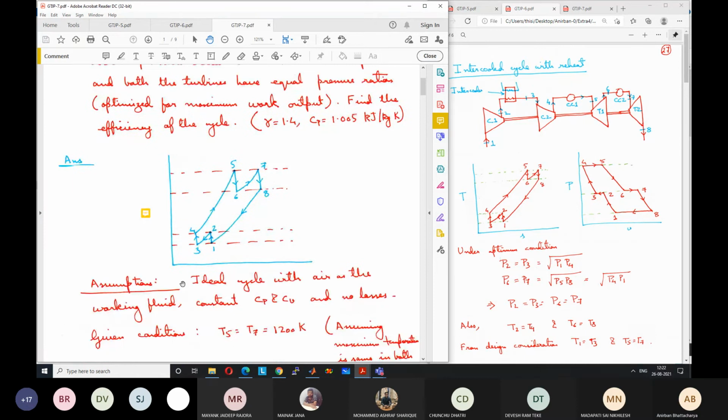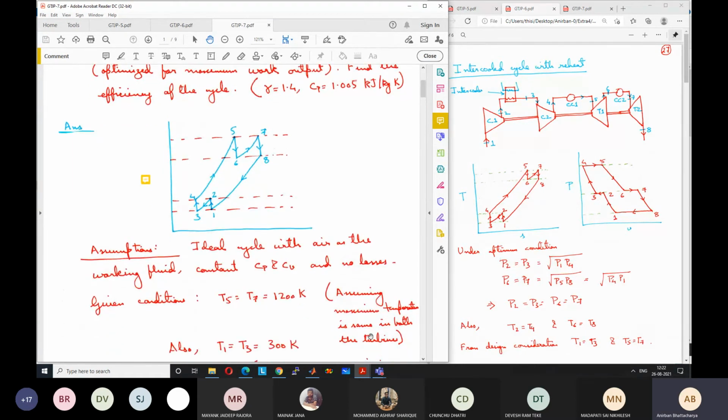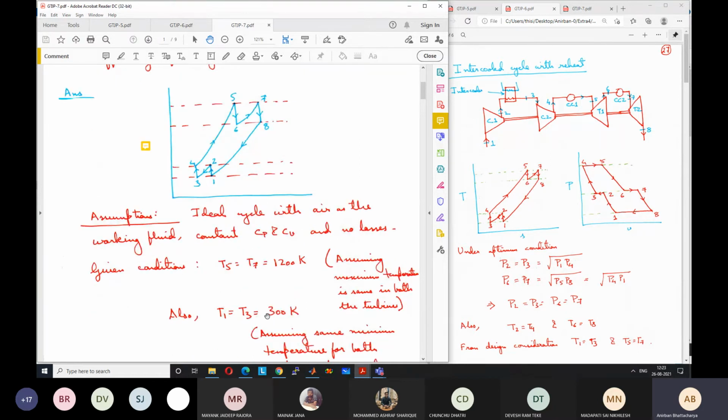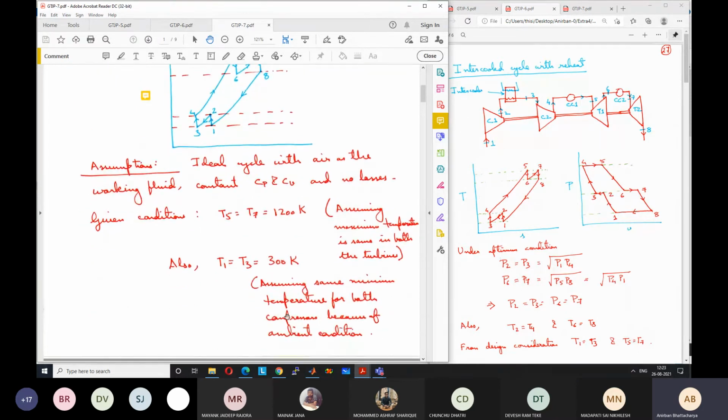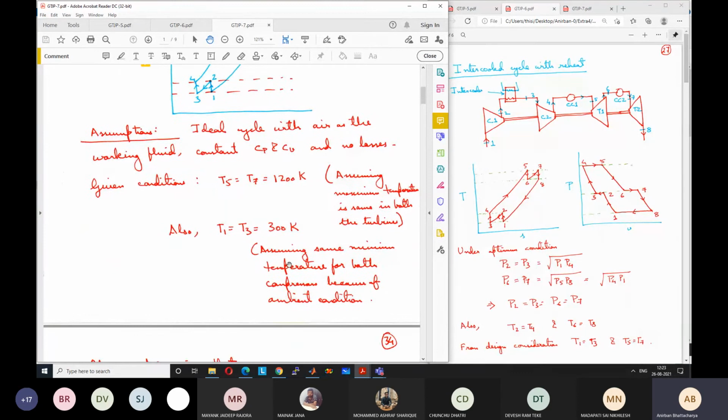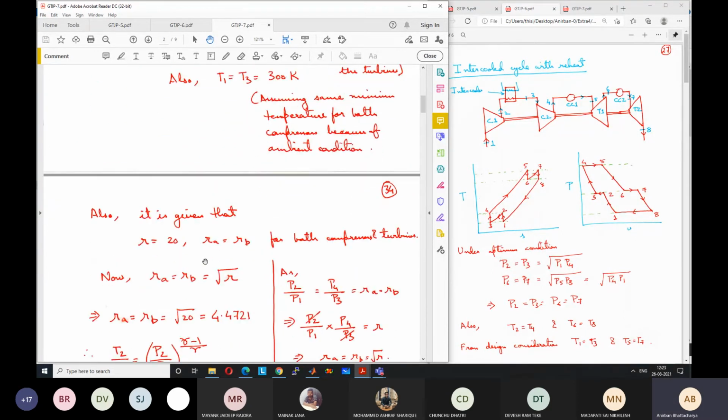So the given condition is that T5 is equal to T7, assuming that the maximum temperature is the same for both these turbines, equal to 1200 Kelvin. And T1 equal to T3 is equal to 300 Kelvin. Again, making assumptions because it is not specified. It is also given that R is equal to 20, and that the pressure ratios are equal for both the compressors and for both the turbines.